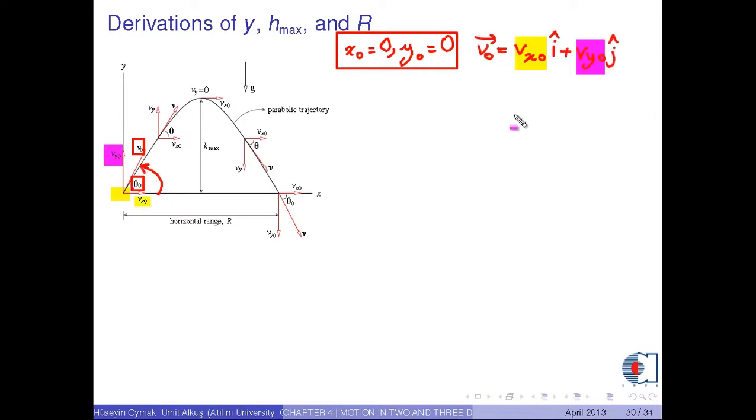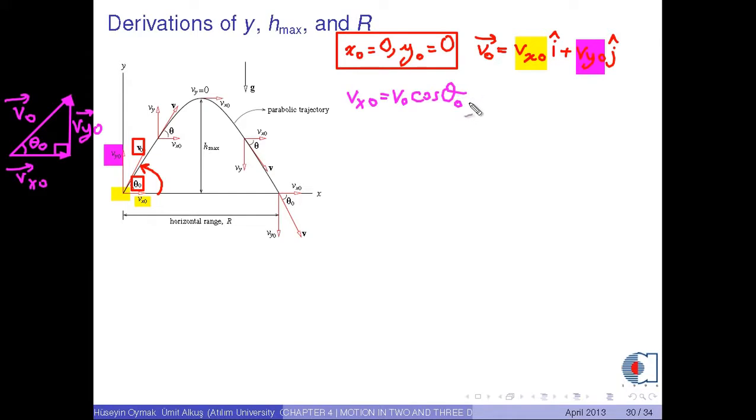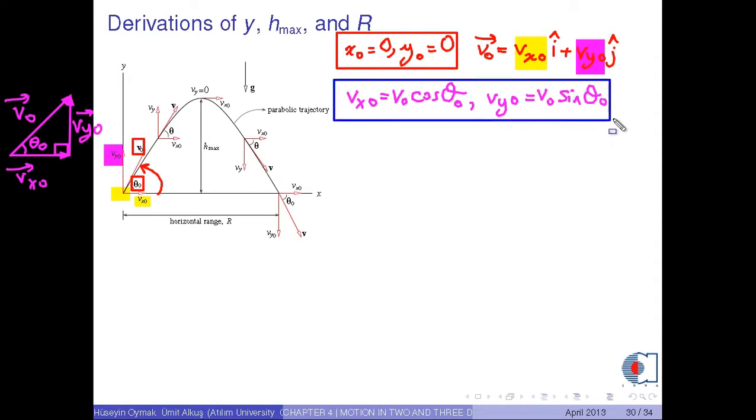We have v0 equals vx0 i hat plus vy0 j hat, where vx0 and vy0 are the respective initial speeds in the x and y directions, which are found from this figure as vx0 equals v0 times cosine theta 0 and vy0 equals v0 times sine theta 0.